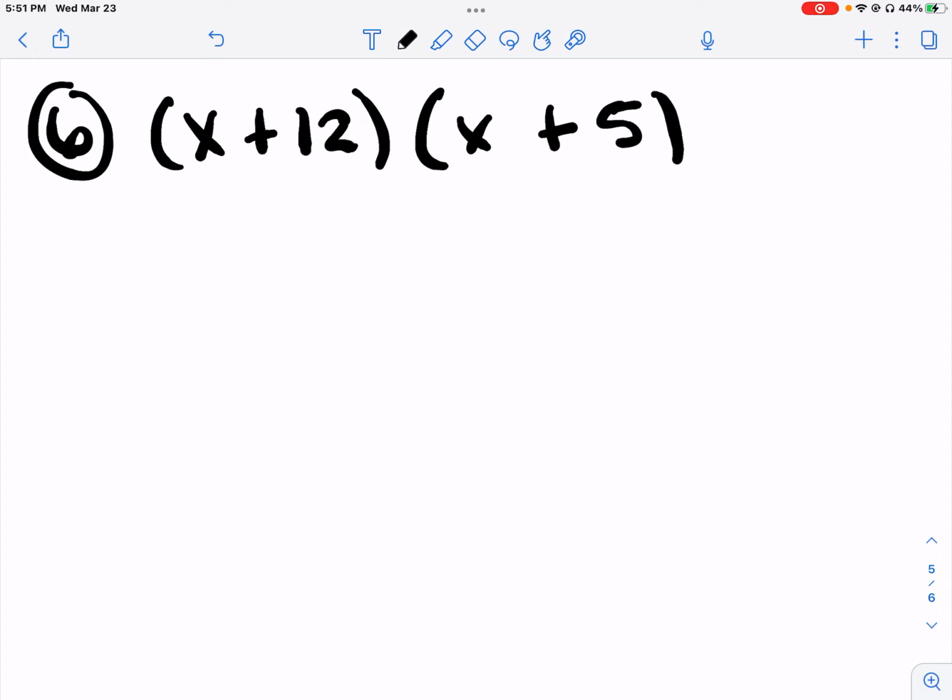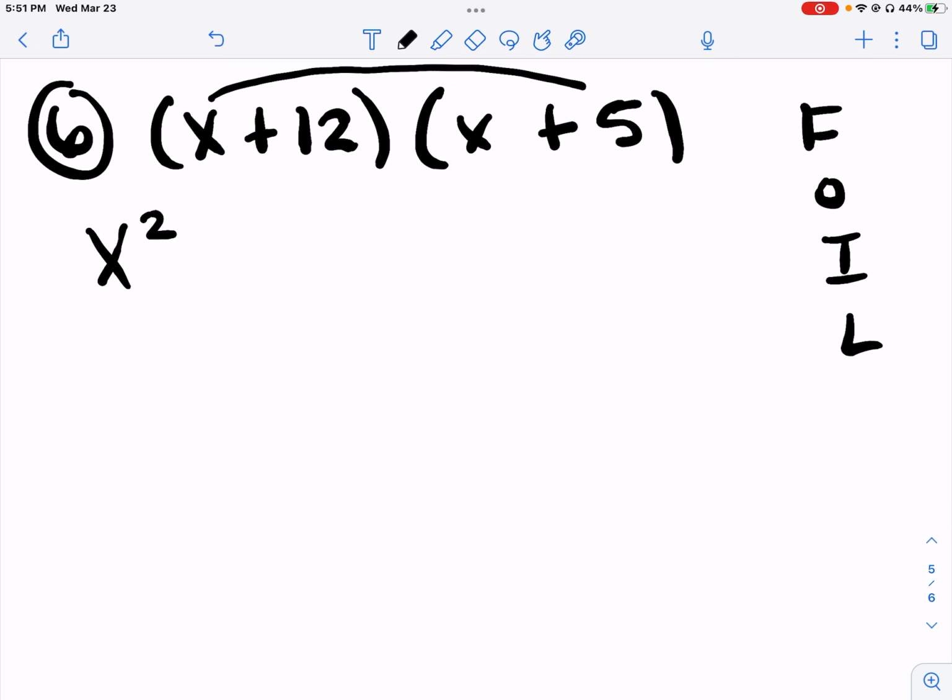Okay, when we're multiplying and each thing has two pieces, we're going to use FOIL. First means first in each of them, x times x. O stands for outside, x times 5.